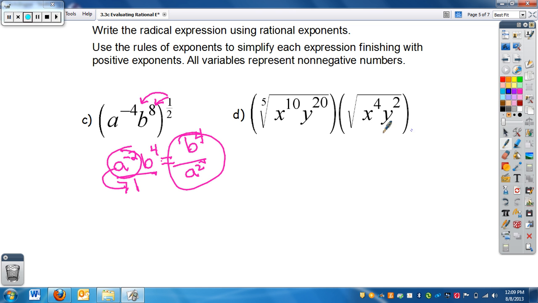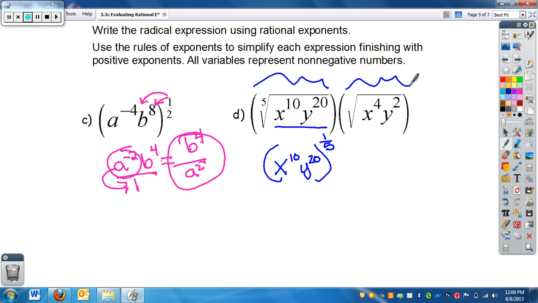So on D, I have my base, and this one, x to the 10th, y to the 20th, and that is to the 1/5 power. So this one's kind of like a separate problem, and then this is a separate problem, and then we're going to put them together, times, we have x to the 4th, y squared, and that is to the 1/2 power.